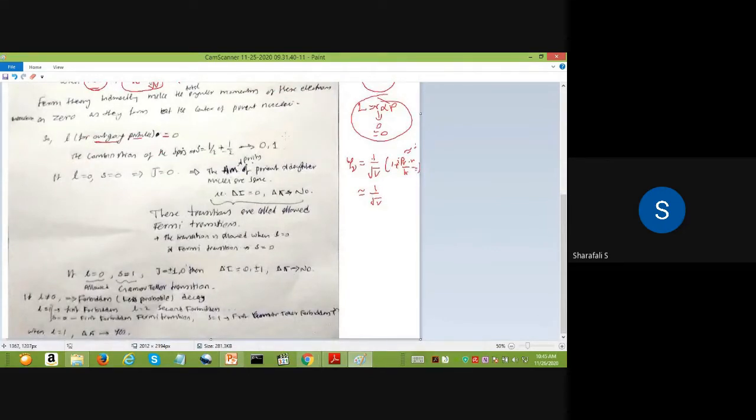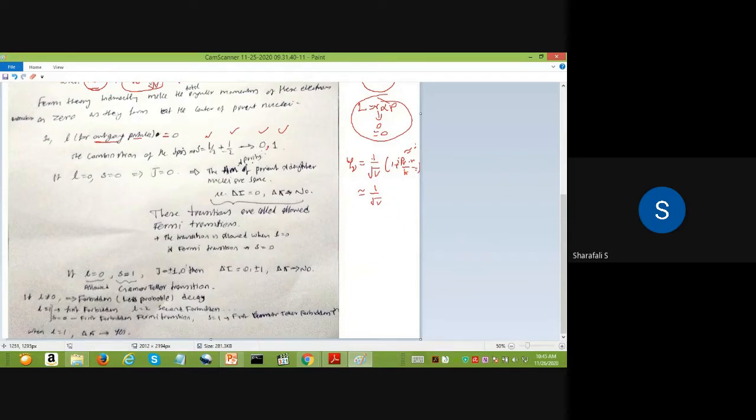Now if you take the spin part, the spin angular momentum of the electron is half, that is a fermion, and the neutrino is also half, again a fermion. If you take both of them with different combinations, plus half, minus half, and so on, you will get the total spin value equal to 0 or 1. If it is plus half and minus half, you get 0, or if both are plus one half, you get 1.